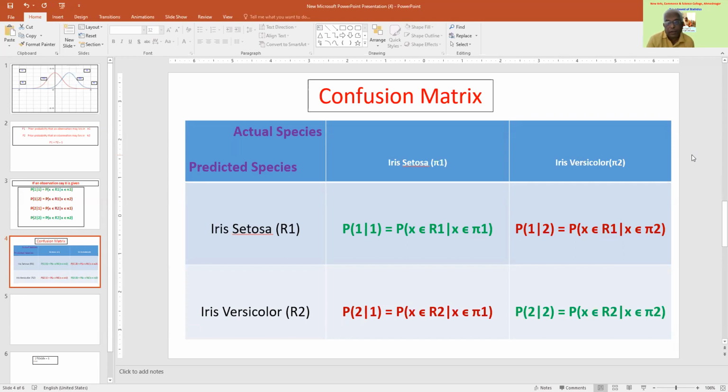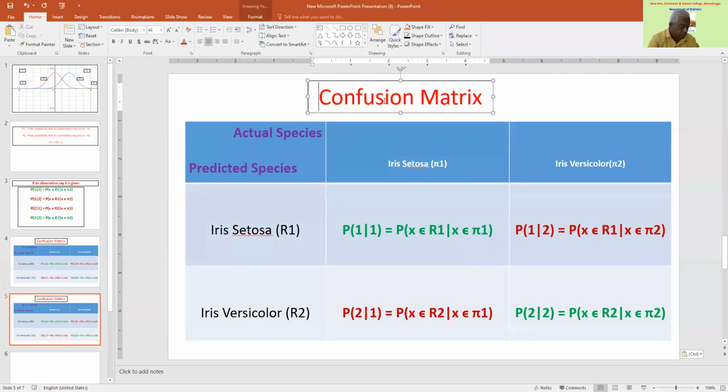In parallel to the confusion matrix, we will write the matrix of cost of misclassification. What we'll do is we will write the cost of misclassification. So let us see here.